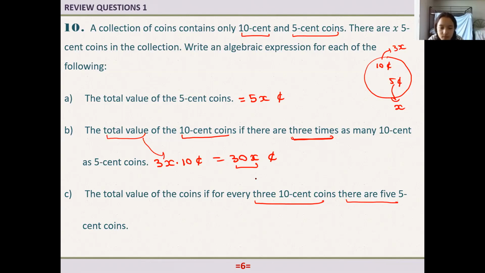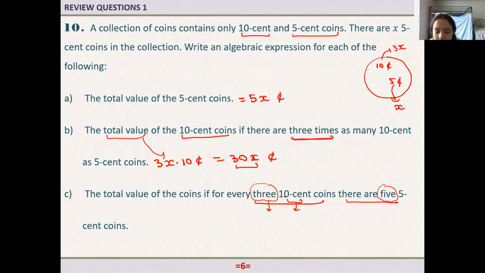That means that here we have 3 and here we have 5, right? Let's try to understand the question. What do you mean by this? You're just grouping your 10-cent coins, and also you're grouping 5-cent coins.